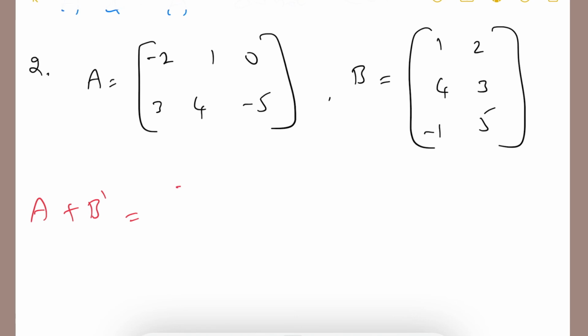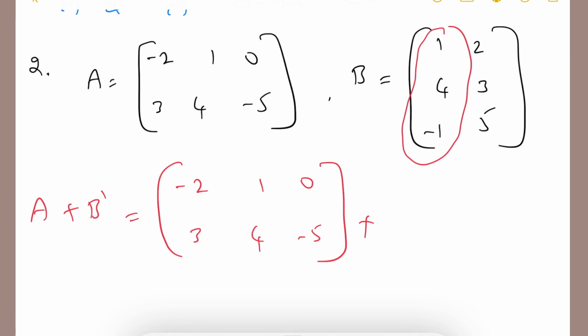So A value as it is, -2 1 0 3 4 -5, plus B transpose. Here this column, write it as a row: 1 4 -1. The second column, write it as the second row: 2 3 5.